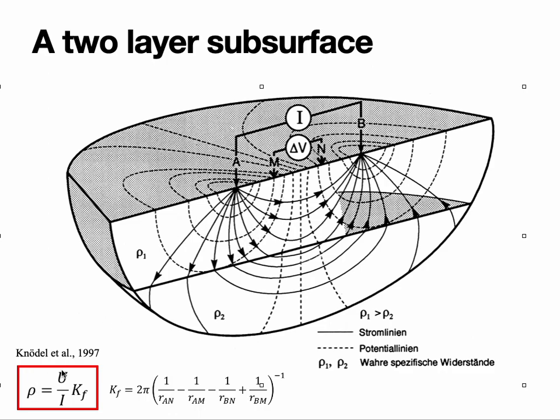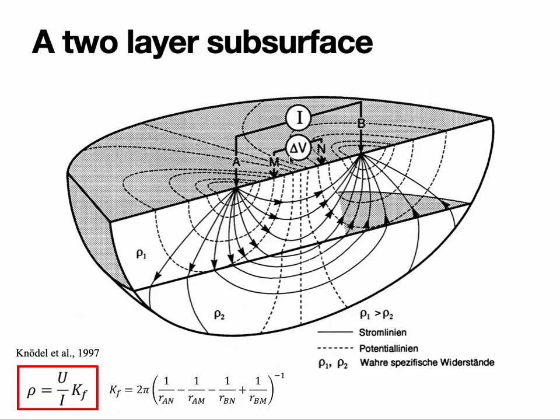Some of the important formulas we derived in the previous lecture is the expression of the resistivity. You see the expression of resistivity is U divided by I times Kf. And Kf is a factor of unit meter that depends basically on the electrodes.